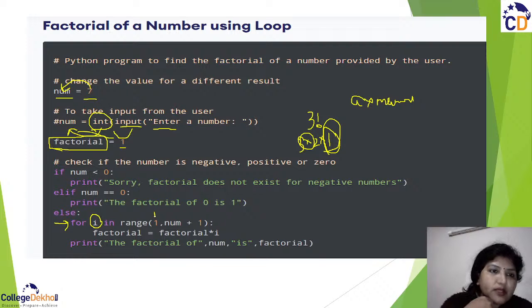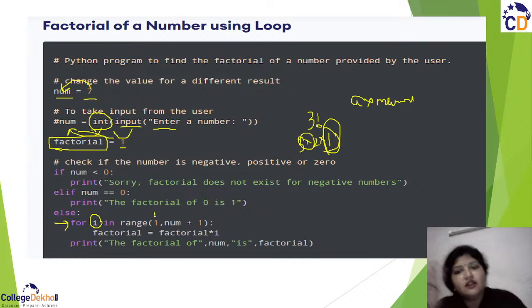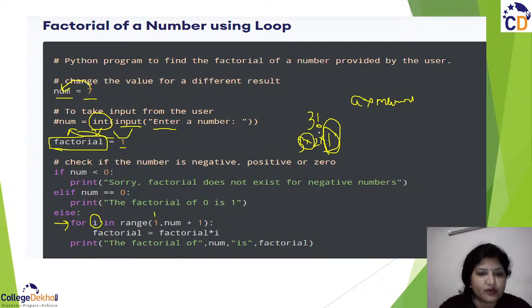So num plus 1 is whatever number you are holding, because the ending part is excluded. And the increment, obviously, would be in the decreasing order. So it should start with 1 and then reach till, like, 3 into 2 into 1. This is how it is going to work, right? Yeah, so it is starting with that part only.